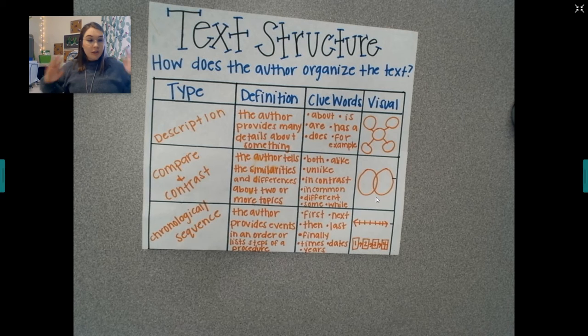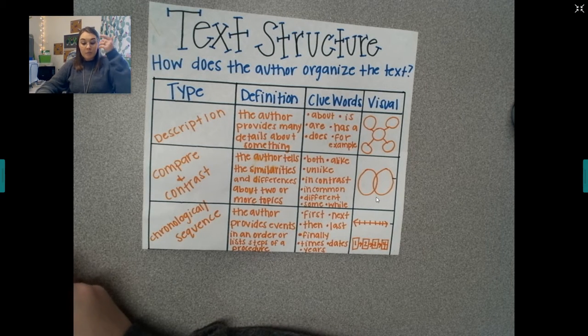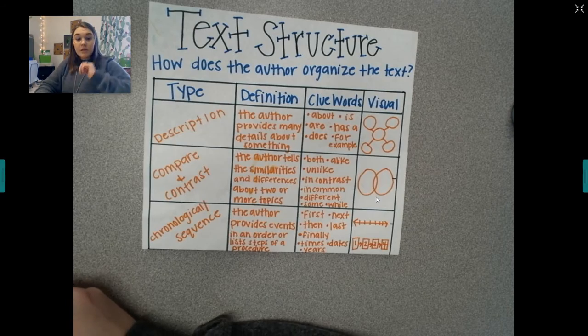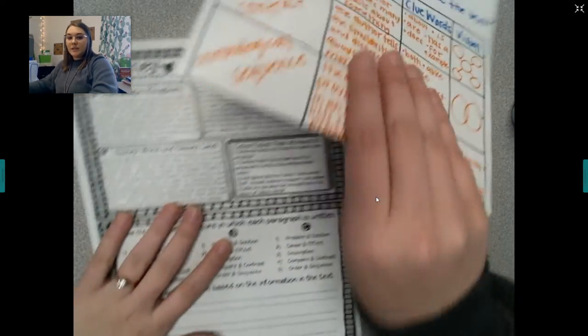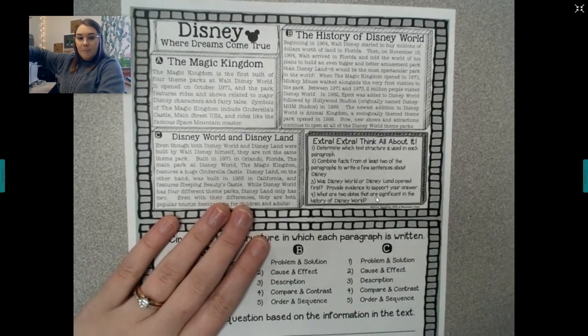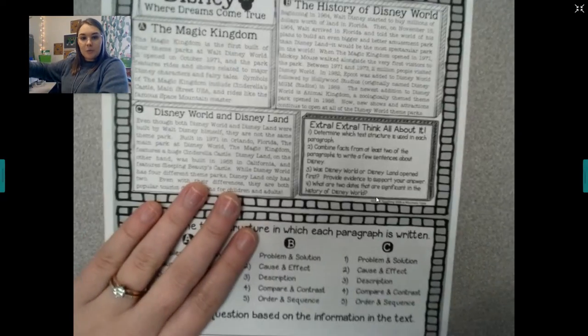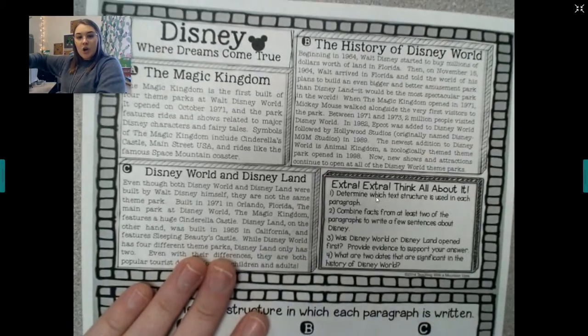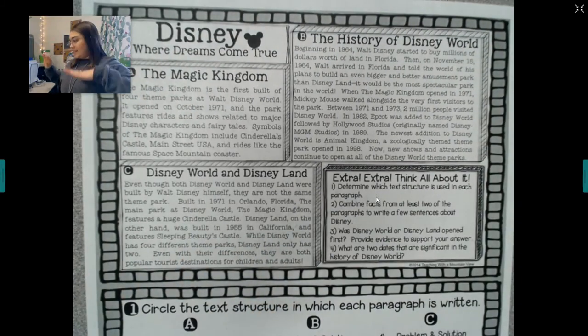And we are going to look at some paragraphs today, and we're going to decide which ones are description, compare and contrast, chronological sequence. So I have found these paragraphs. They're all over the same topic, but the author did something really cool. The author wrote over the same topic, but guess what he did?